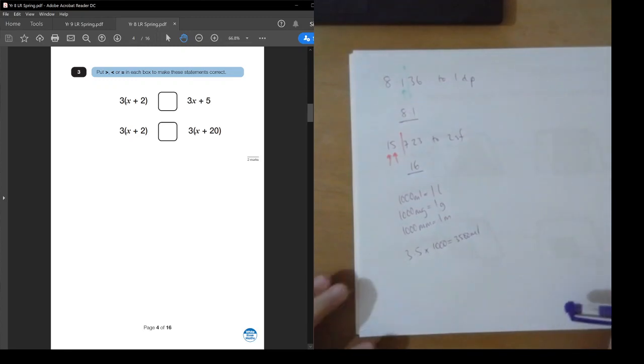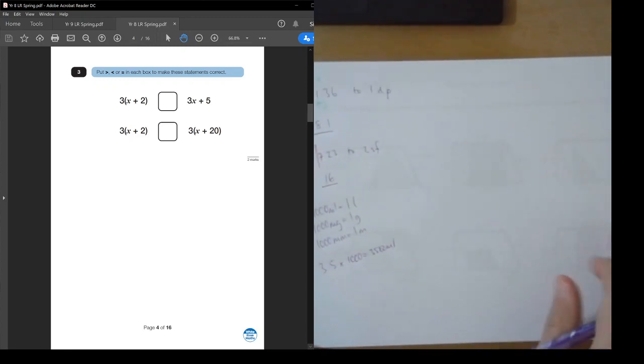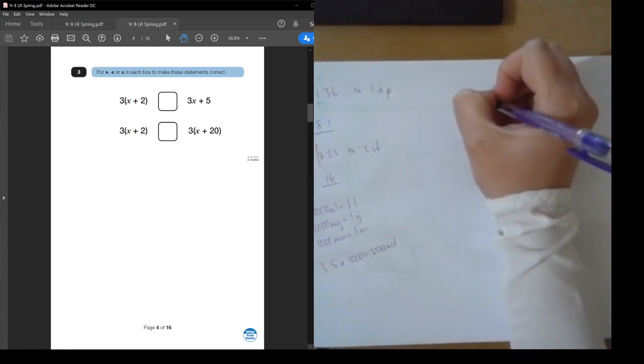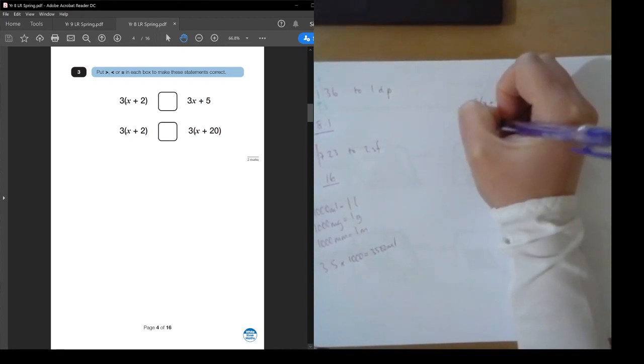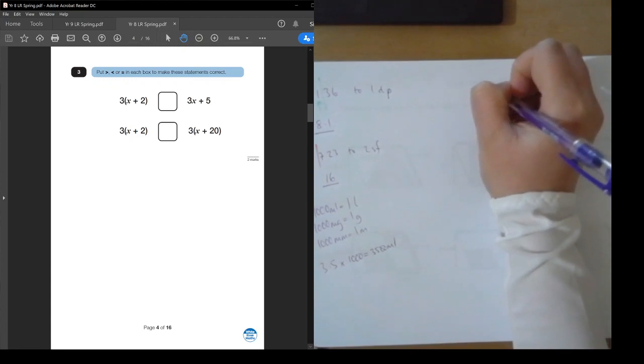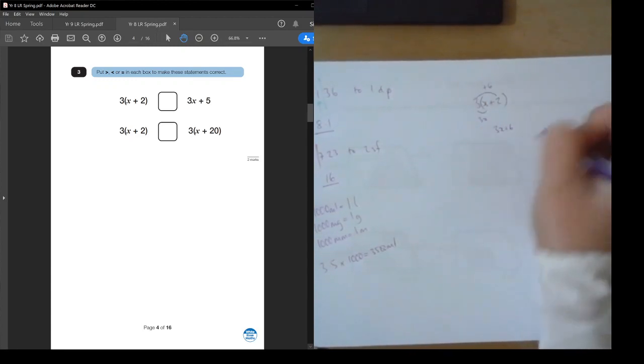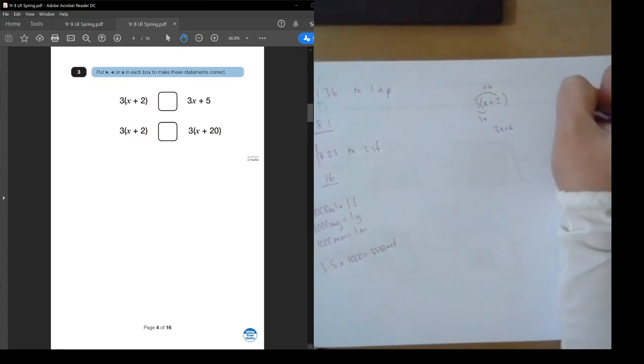Next, it's asking about inequalities. Make sure you expand the brackets. Once you've expanded the bracket, for this one it's 3x plus 6. The other bracket that you need to open for this one is 3x plus 60.